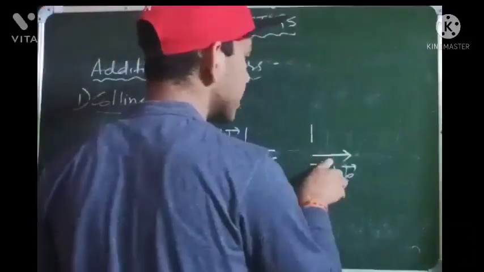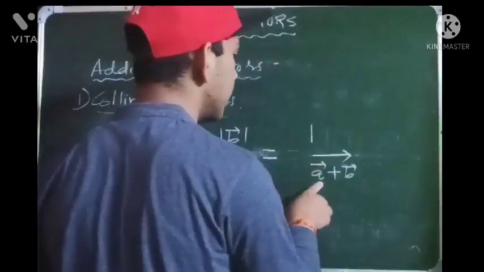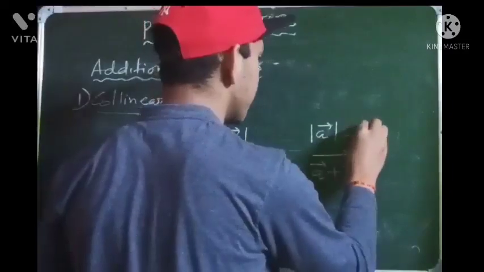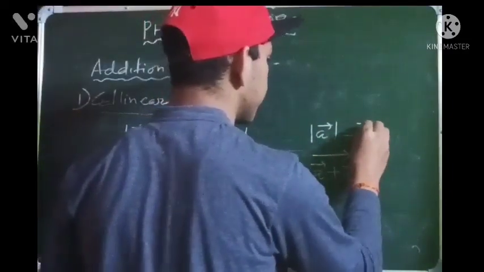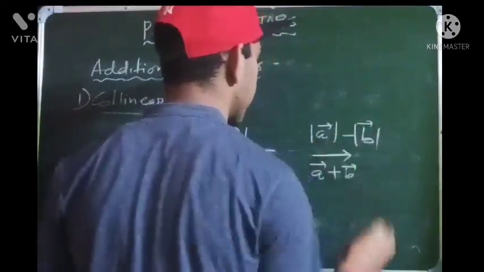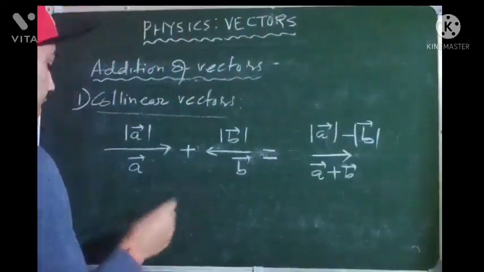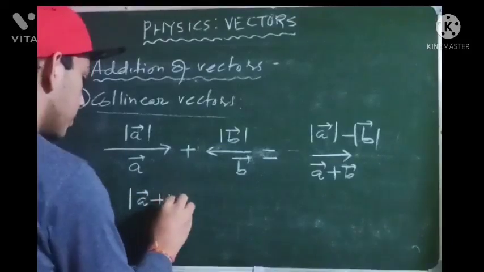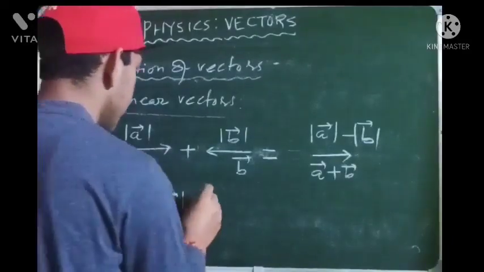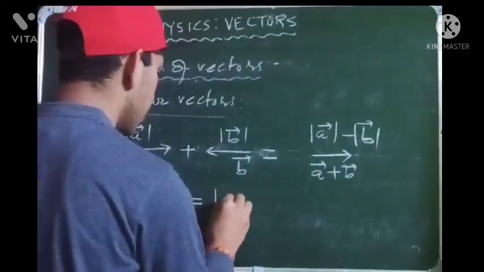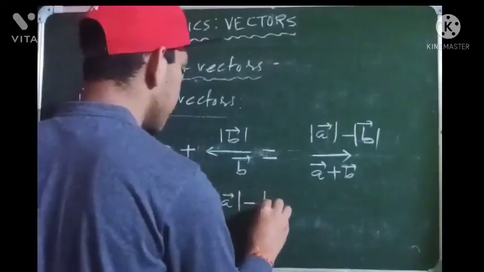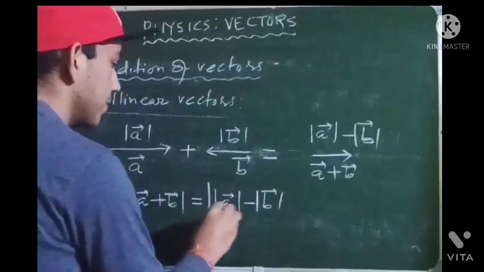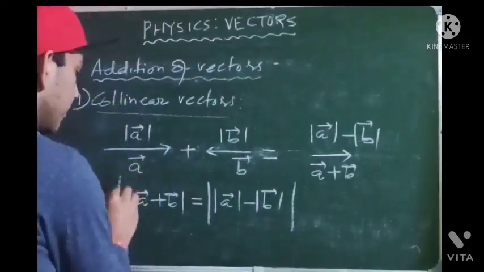And the magnitude of this A vector plus B vector can be written as mod of A vector minus mod of B vector. From this example we can deduce that mod of A vector plus B vector can be equal to mod A minus mod B. We can generalize it as by giving mod.